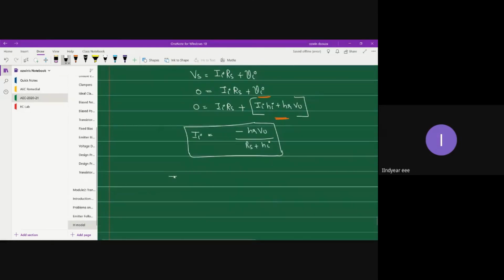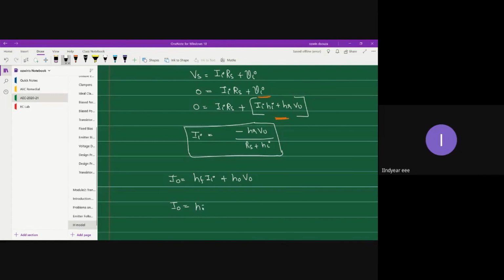Also, I have my output current I0. So I0 is Hf Ii plus H0 V0. In place of the input current, because to take out Z0 I ultimately need the ratio of V0 by I0, I don't want this Ii. That's the reason I'm substituting.